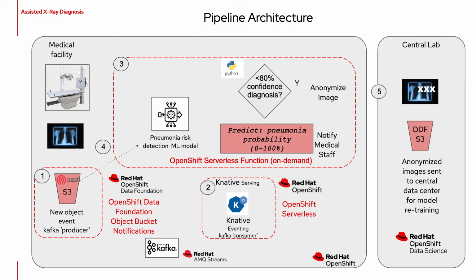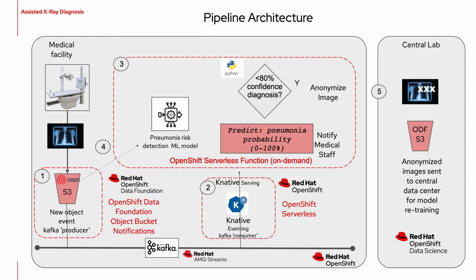And to give a little bit more depth into the architecture of the solution, you can see here that the X-ray images are ingested into an object bucket in OpenShift Data Foundation. The Rados gateway within Ceph then spawns off bucket notifications to an endpoint, in this case a Kafka endpoint in Red Hat AMQ.